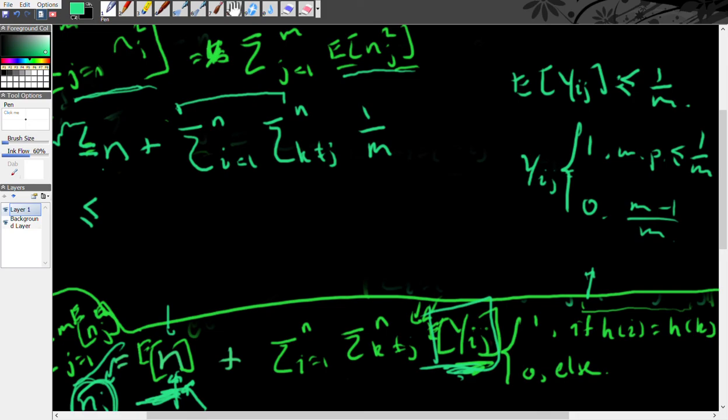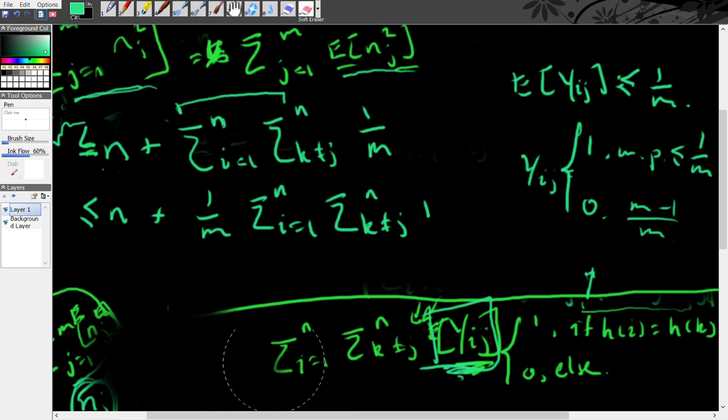Think about it: what kind of distinct pairs am I doing? I'm going from 1 to n, and this is a constant. So this gives me 1 over m, sum over i equals 1, k not equal to j, of 1. With me so far?